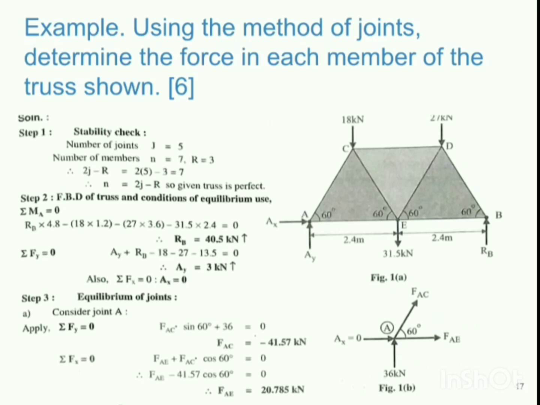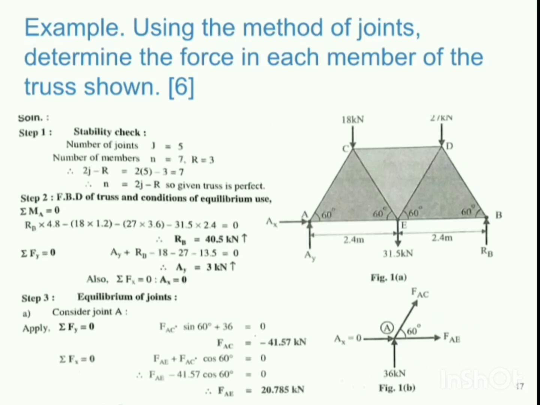Now, what does this mean? FAC we got the value as minus 41.57 kilonewton. That means we have assumed FAC to act in a direction away from the joint. That is, it carries a tensile force. But after analyzing, we got the value as negative.